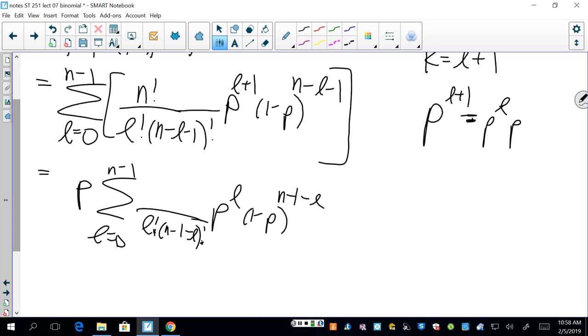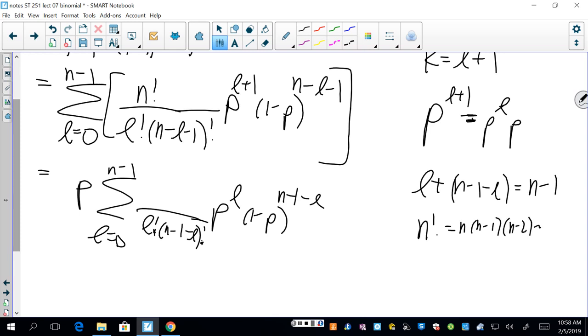But L plus n minus 1 minus L is n minus 1. Right? And in the numerator, we have n. But n factorial can be written as n times n minus 1 times n minus 2, going all the way down. So if you focus on grouping these together, that's n minus 1 factorial.